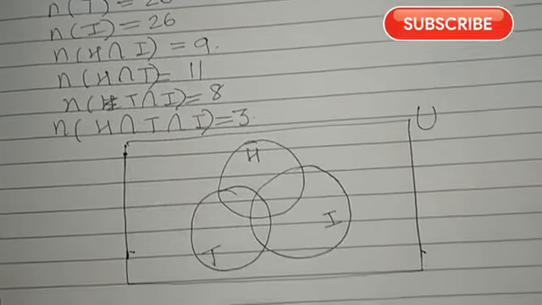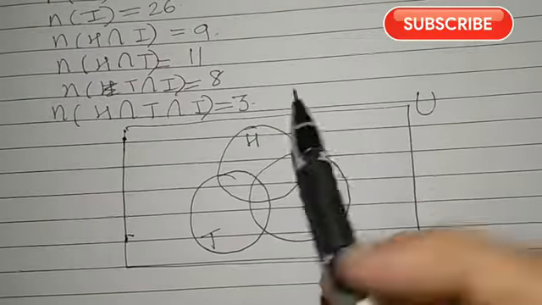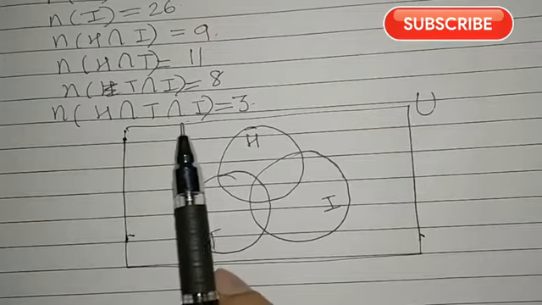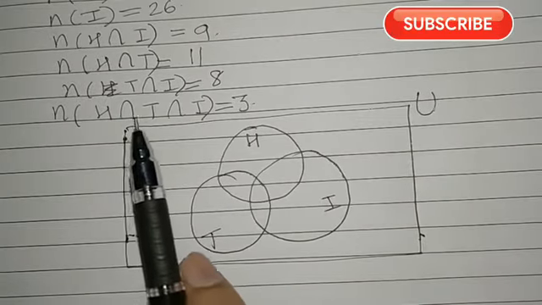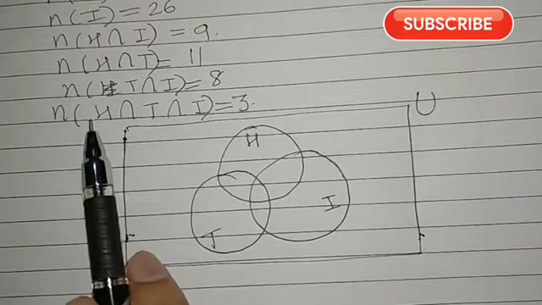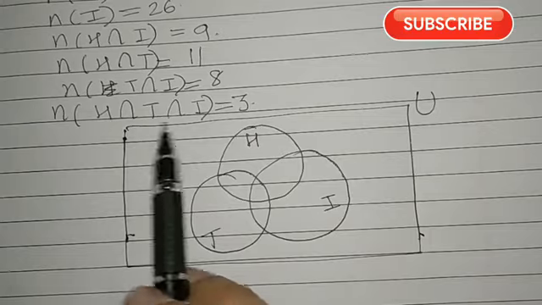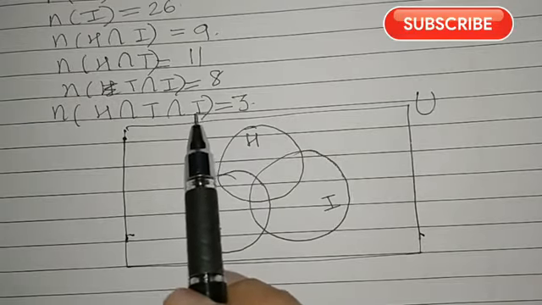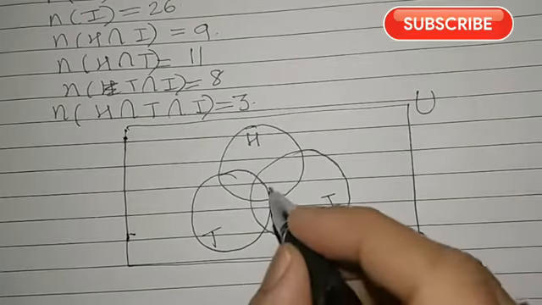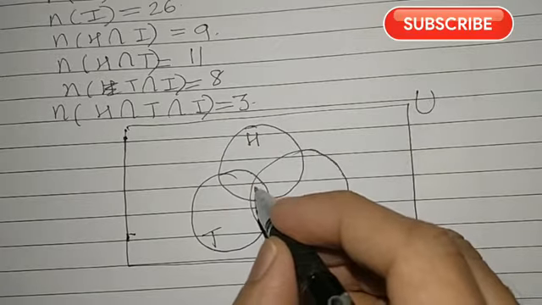Now what you have to do first while drawing the Venn diagram and solving the problem is look at the intersection of all 3 sets. How many people like all 3 newspapers?